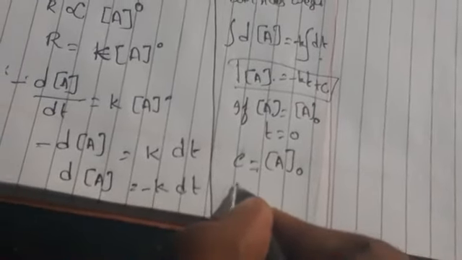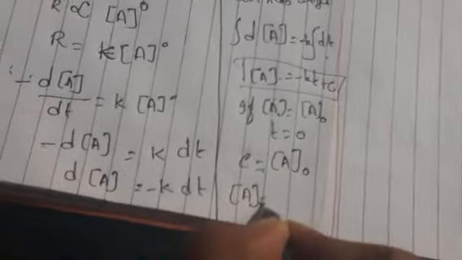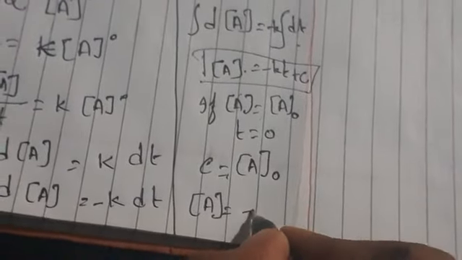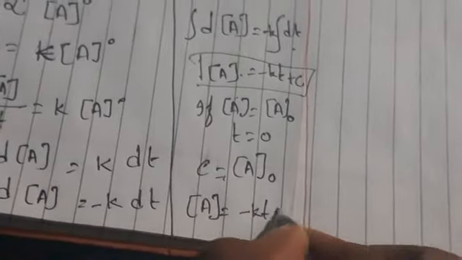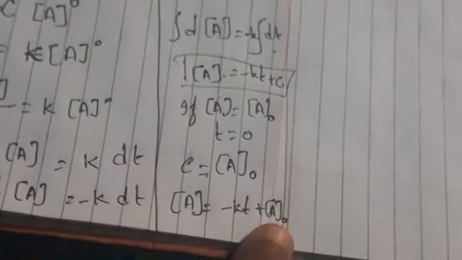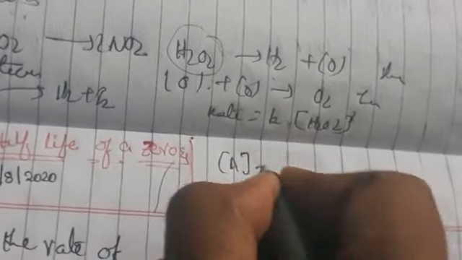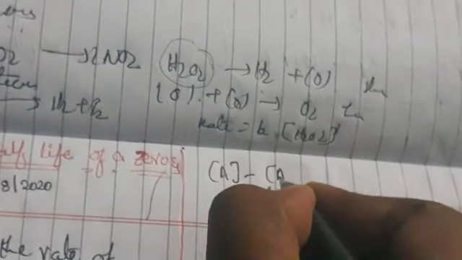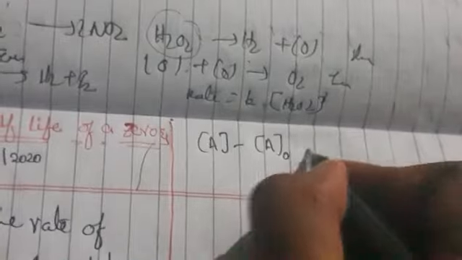So you will be getting the equation [A] equals minus Kt plus [A] naught. So now [A] minus [A] naught equals minus Kt.